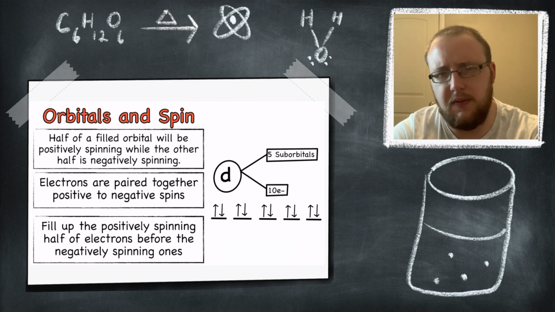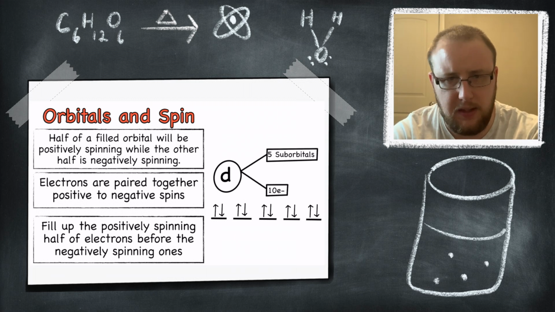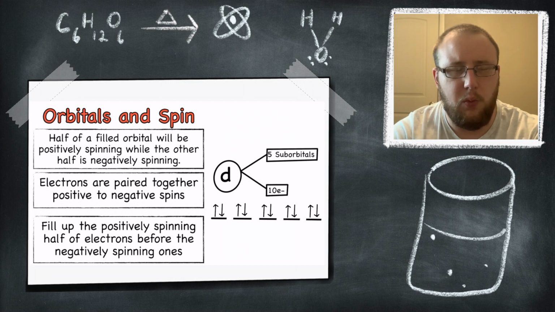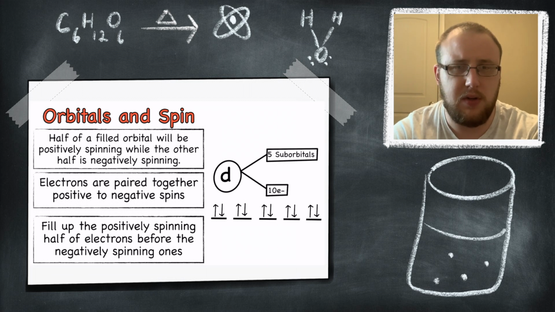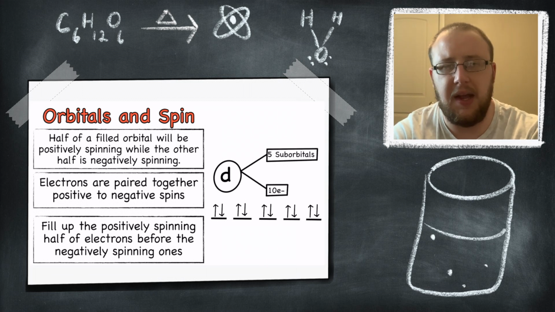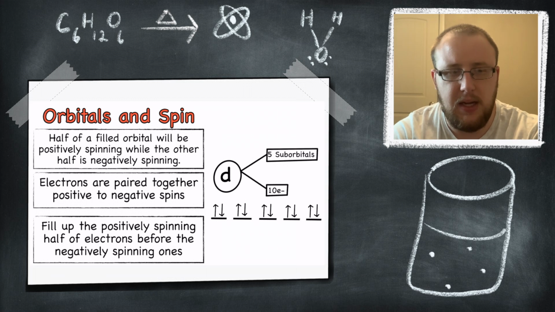Now we're trying to identify a specific electron with its spin in an atom. We know that upspin is positive, downspin is negative. We know that each orbital can carry half positively spinning electrons and half negatively spinning electrons, and that positively spinning and negatively spinning electrons pair together.